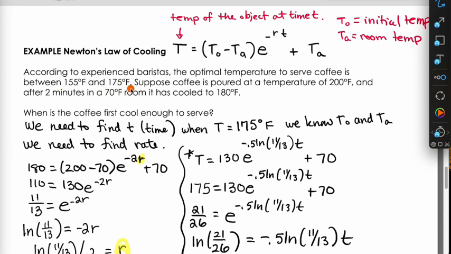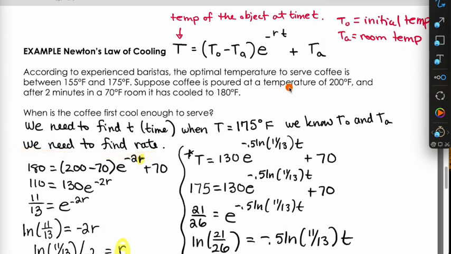And since it's cooling down, this is when you first reach the temperature that is good to drink the coffee. So we want to find the time it takes to get to 175 degrees Fahrenheit. We know our initial temperature and our room temperature. What we need to do is find the rate to start off with.